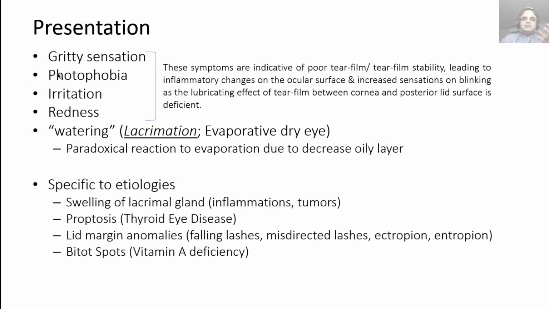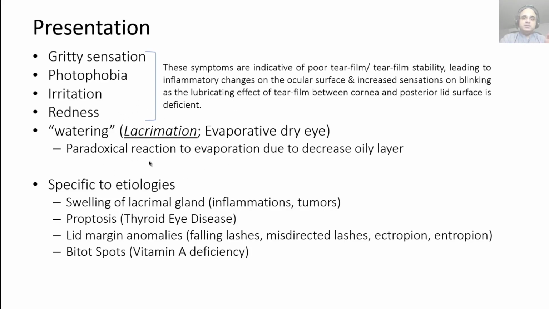So you have a gritty sensation, photophobia, irritation, redness, paradoxical watering in evaporative dry eye, simply because as your tear film evaporates too quickly, there is an increased activity from the central nervous system to the lacrimal gland to produce the aqueous phase or the watery phase, which tends to overfill or overwhelm the lacrimal system, resulting in paradoxical watering, which is seen in evaporative dry eye.